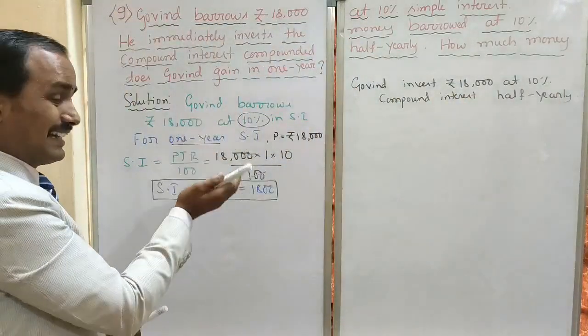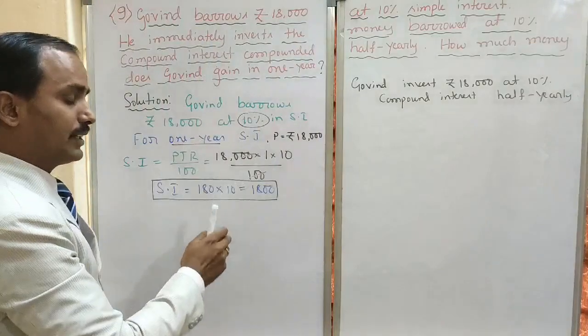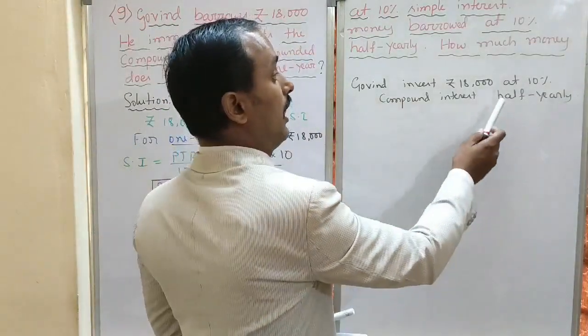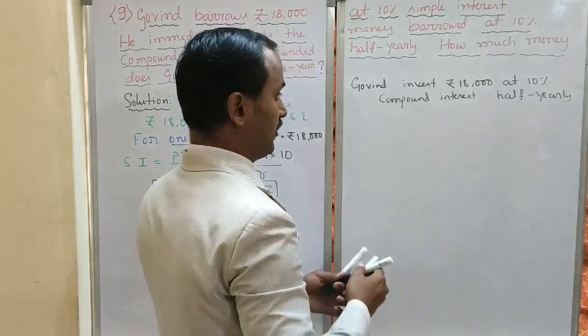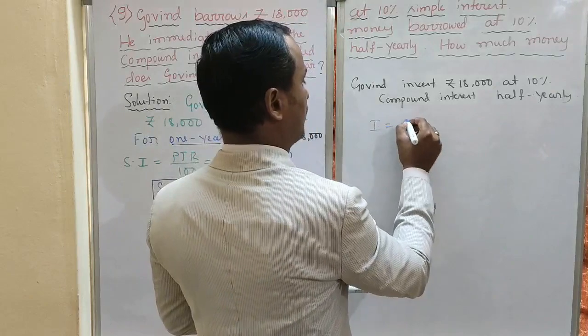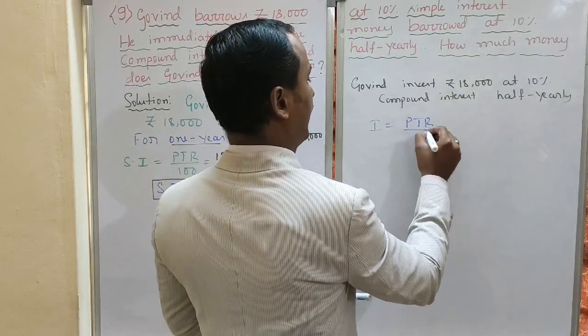Here Govind gave the simple interest to someone, but Govind is collecting the half yearly compound interest. How much? You know that the interest formula is equal to PTR divided by 100.